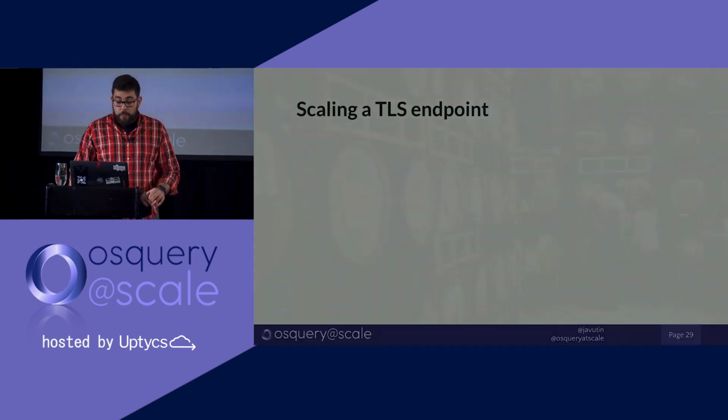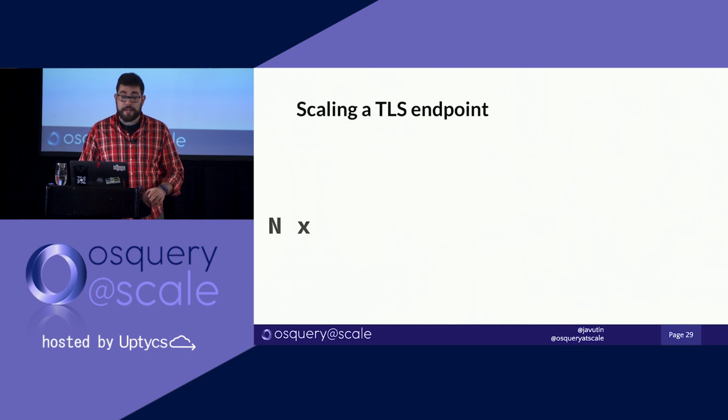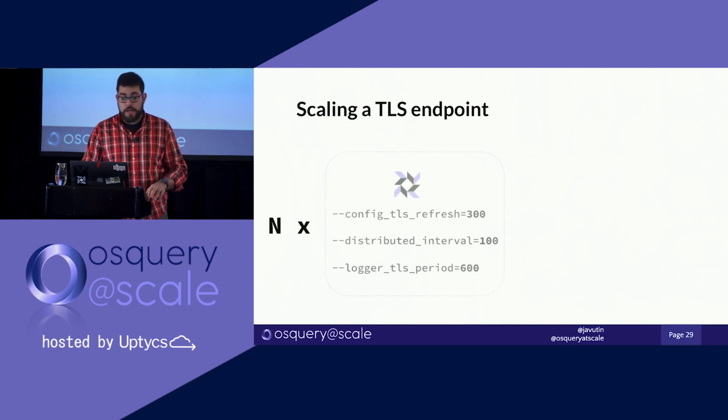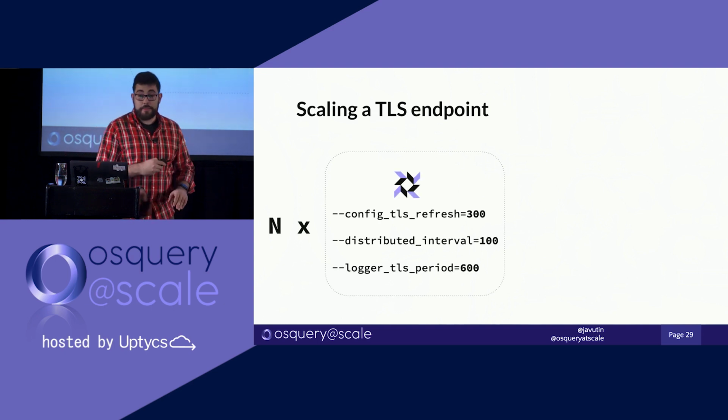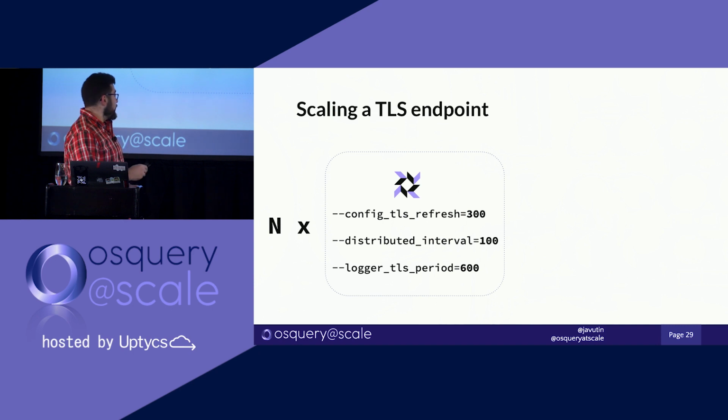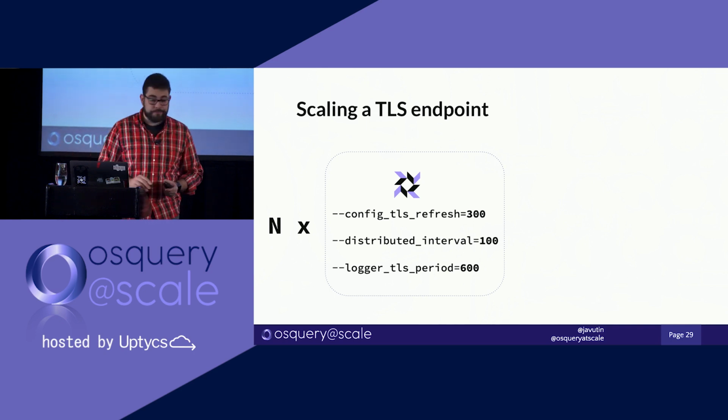What happens when you have an n number of nodes? These numbers are easy to work with: one value for the config TLS refresh, one value for the distributed interval, and another value for the logger.